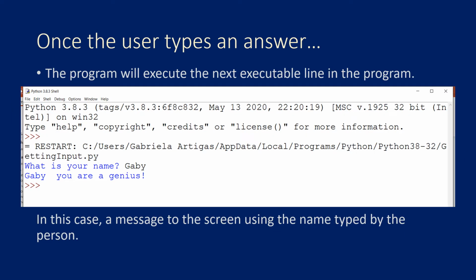So in this example, I typed in my short name, Gabby, and then, of course, because I wrote this program, I wanted the program to tell me something nice, and it says, Gabby, you're a genius. So after the execution, we know this program has finished because we see the Python prompt on the screen.